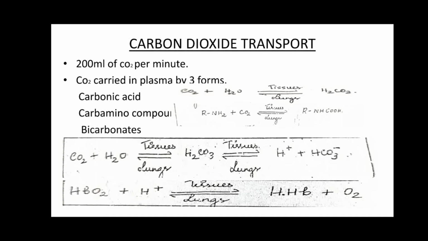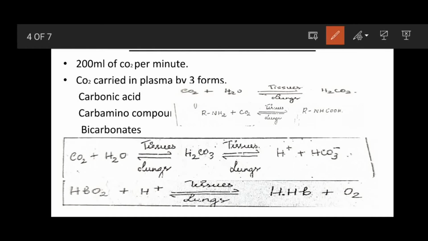Most of the CO2 is transported as bicarbonates. About 85% of CO2 is transported as bicarbonates in the blood and plasma. In RBC, the carbon dioxide combines with the hemoglobin to form carbaminohemoglobin and is transported to the lungs. Sometimes in RBC, the carbon dioxide combines with water to form carbonic acid.